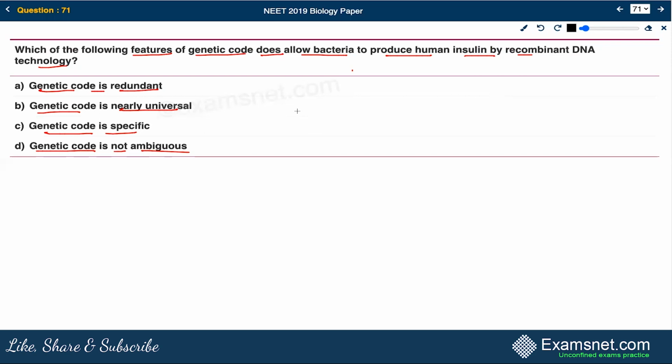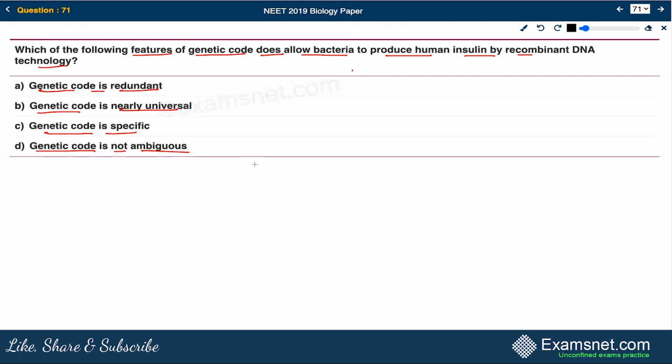It basically means that each nucleotide is a part of only one codon, or you can say that a single nucleotide cannot be a part of two adjacent codons. That means each codon codes for a specific amino acid. So this basically indicates the universal character of the genetic code.